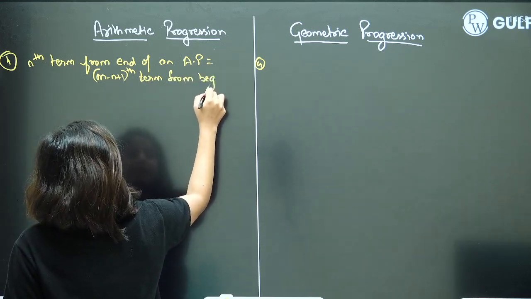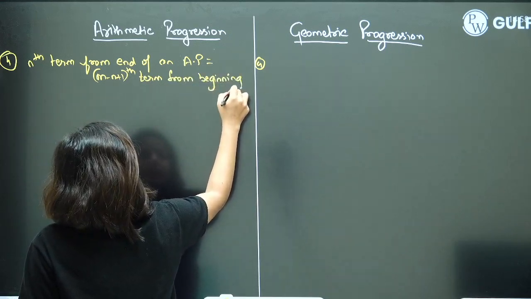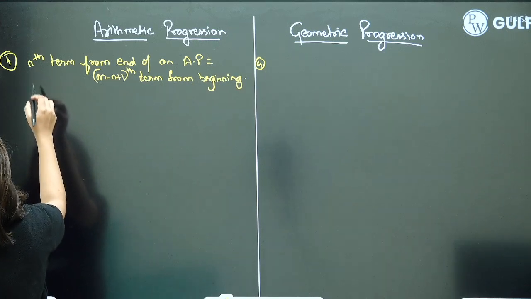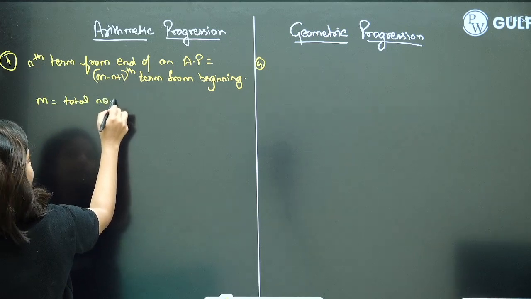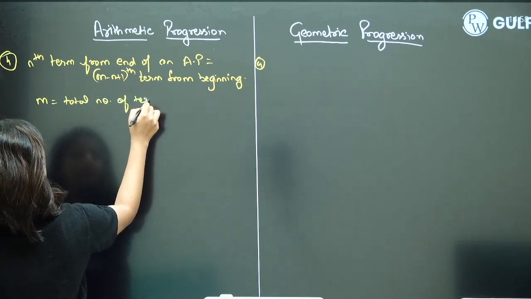How do you get the nth term from the end? It is the (m minus n plus 1)th term, where m is the total number of terms. Now the total number of terms is not n but m.